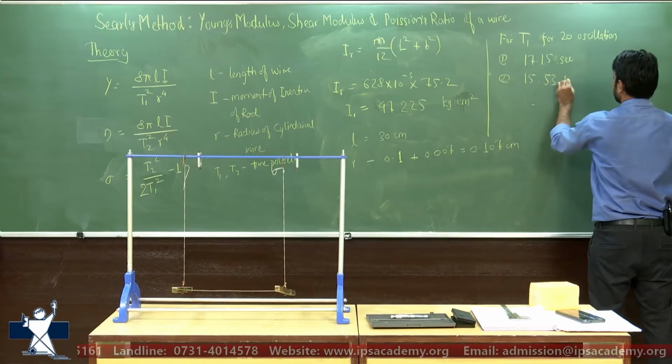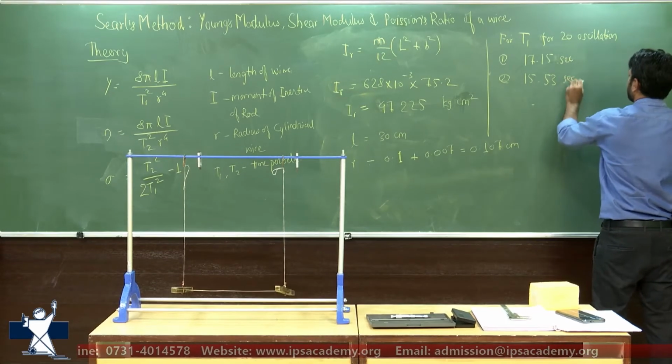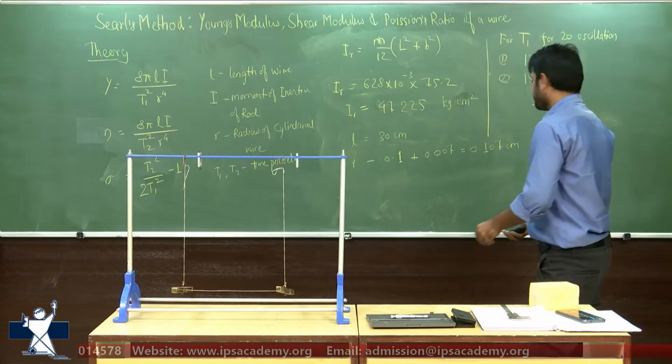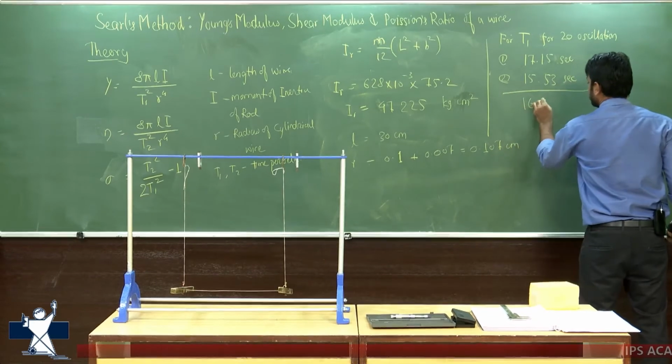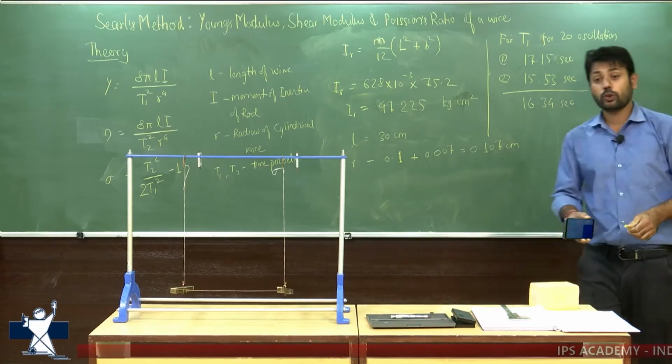So what I can do is take the average of these two, which will be 16.34 seconds. So this is the time average for 20 oscillations.